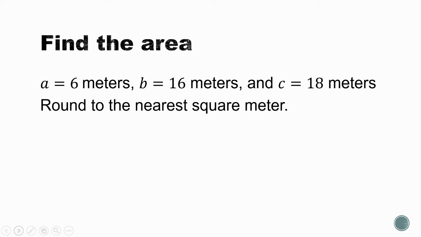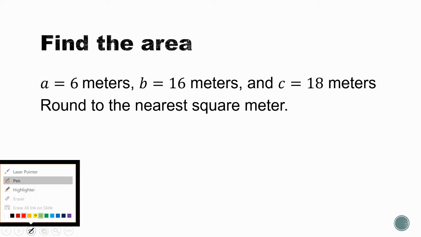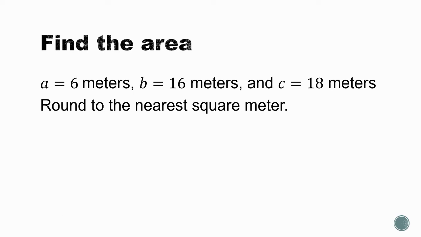Notice that I am giving us three different sides. I'm giving us A to be 6 meters, B to be 16 meters, and C to be 18 meters. And we want to find the area and round to the nearest square meter. Remember, when you're given the three sides, you want to find S first.